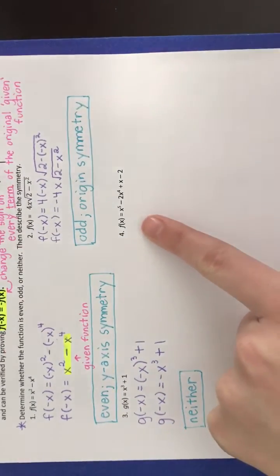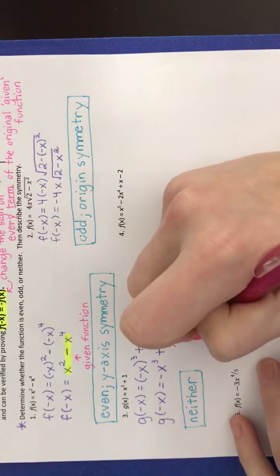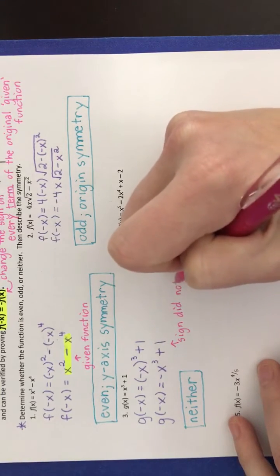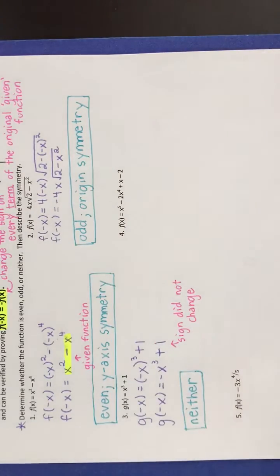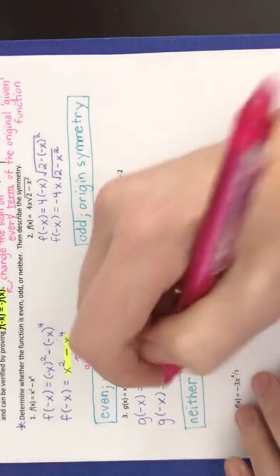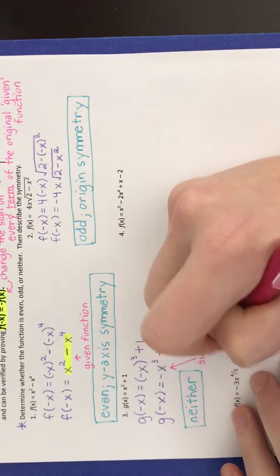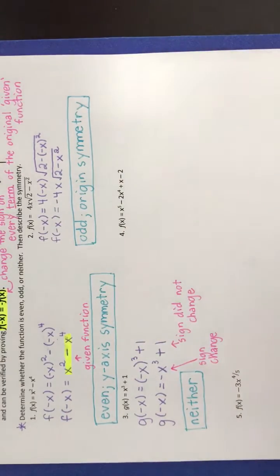So here, and I'll even write sign did not change. Okay, so the sign changed on this one, but sign did not change on this one. So sign changed, sign did not change on that one.